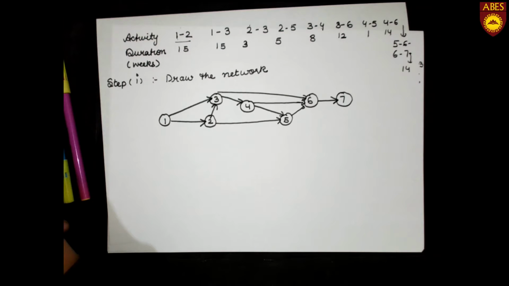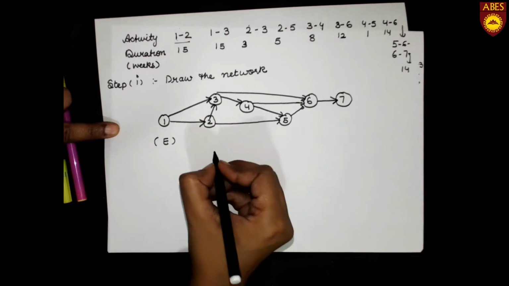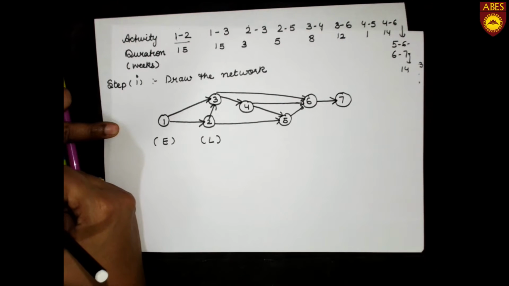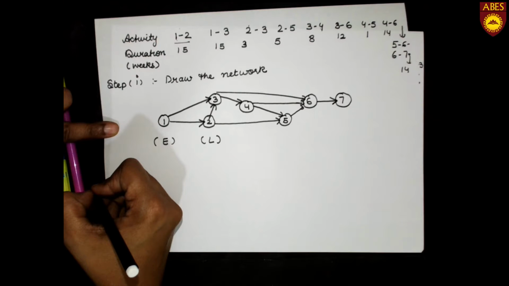Now what we have to do is find out the earliest time E and the latest time L of each activity. Now what is E? E is the time at which an activity can begin at its earliest, and L is the latest finish time by which an activity must be completed in order that the project may not be delayed beyond the targeted completion time.